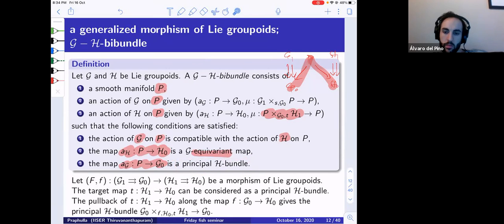And how do I find that? For every Lie groupoid, the target map can be considered as a principal H bundle. Using this, I pull back this principal H bundle along the map F to get a principal H bundle over the space G0. That's what I want: a principal H bundle, but over the space G0. That I do by pulling back the principal bundle.